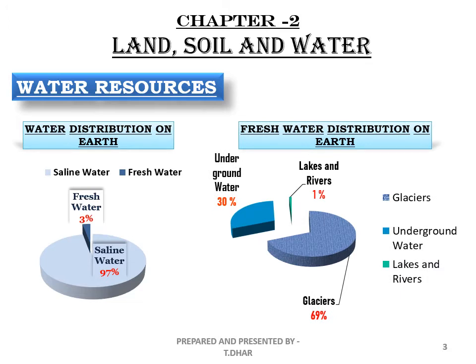Now, out of this 3% of fresh water, you can see here in this chart, only 1% is available in lakes, rivers and ponds. 30% of fresh water is available as underground water, and 69% is available in glaciers, the snow-covered glaciers.